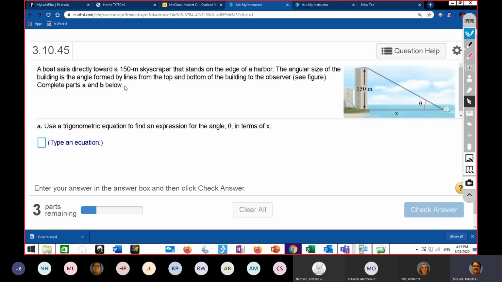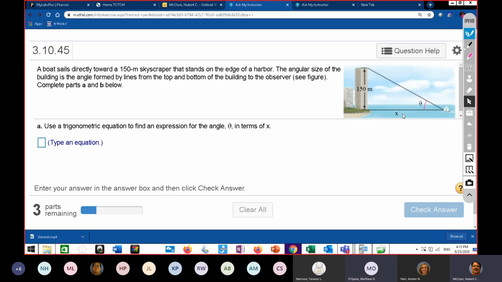Complete parts A through B. Use a trigonometric equation to find the expression for theta. Oh, come on. That's going to be difficult. 150 over x. Probably going to be tangent. Tangent inverse. Oscar had a hunk of apple.